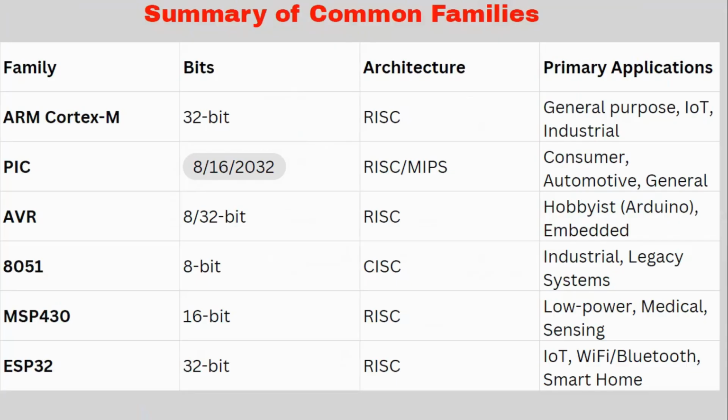It comes in 8, 16, and 32-bit. It belongs to RISC as well as MIPS architecture. Used in consumer, automotive, and general purpose. Next is AVR, which comes in 8 and 32-bit, RISC. The very popular Arduino board, we can see that the IC belongs to the AVR family.